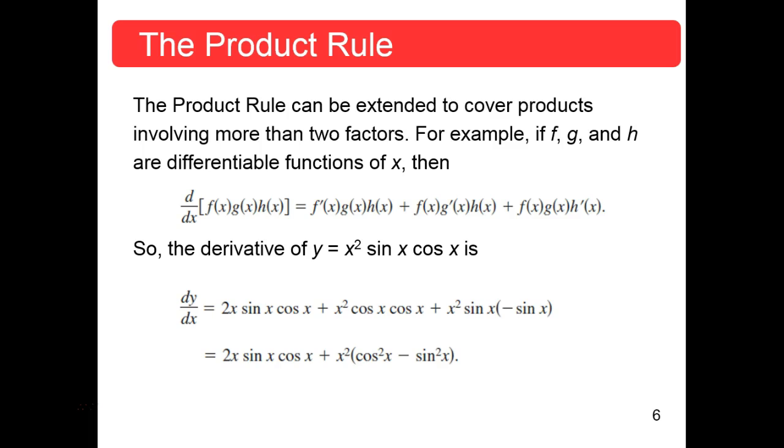Plus x squared sine x times the derivative of cosine, which is negative sine. So that would be a minus x squared sine x times sine x, or sine squared x. So if we write that down, 2x times sine x cosine x plus x squared times cosine squared x minus sine squared x.